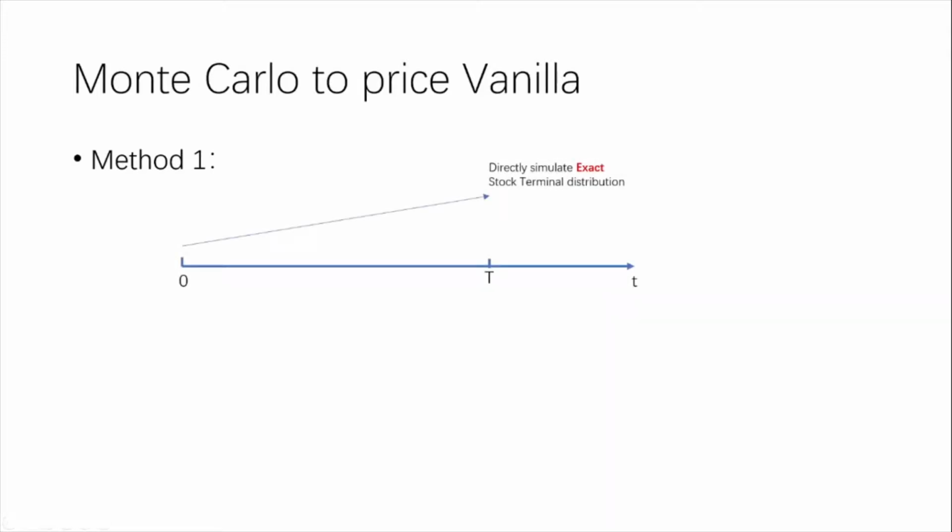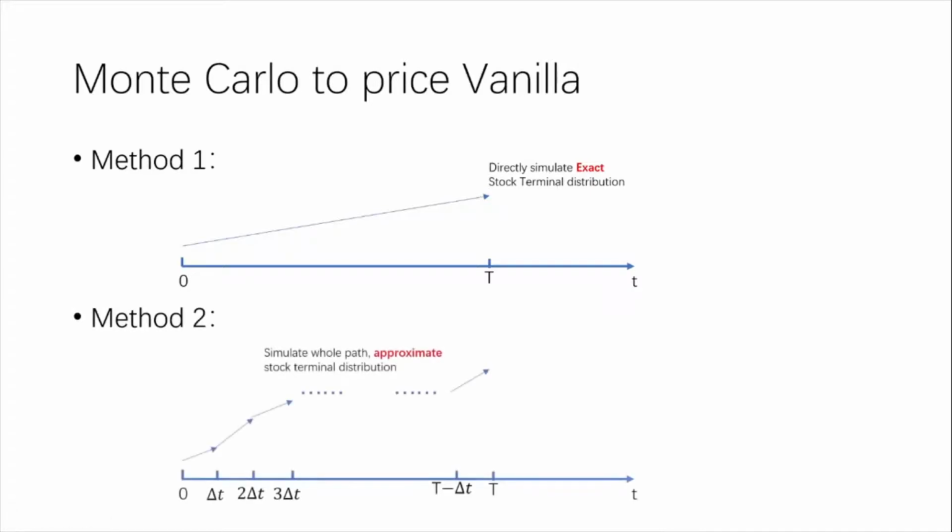What are the differences between the two methods? In the first method, you start from S and directly simulate the exact stock terminal distribution. But in the second method, you simulate the whole path and approximate the stock terminal distribution rather than getting the exact one.